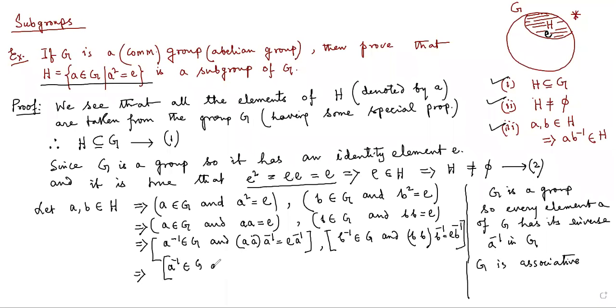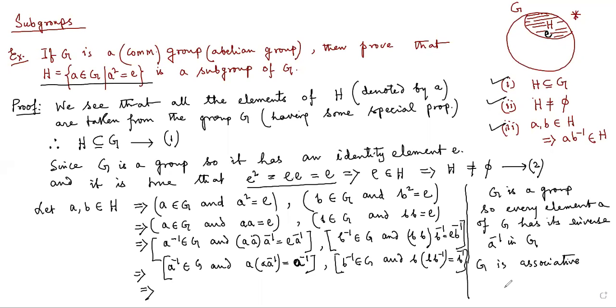So we can write a inverse belonging to G, a inverse into a into a equal to e into a inverse. So this is written as a inverse, because any element multiplied by e gives the same element. A similar thing has happened here also. So we can write it as b into b inverse, which is equal to b inverse.